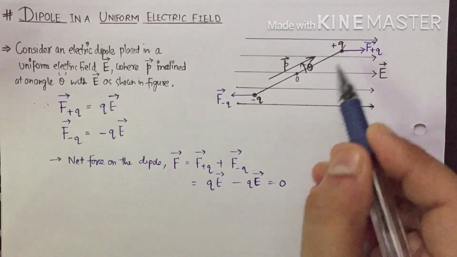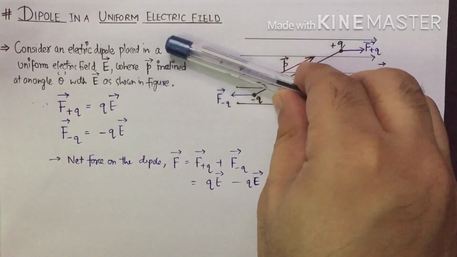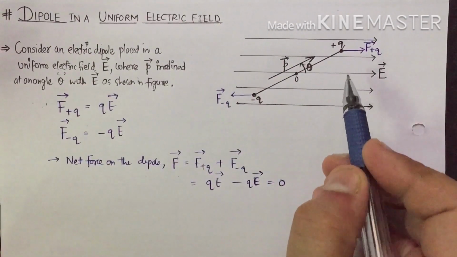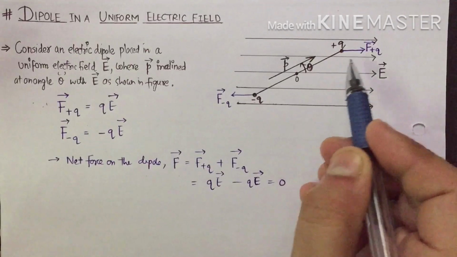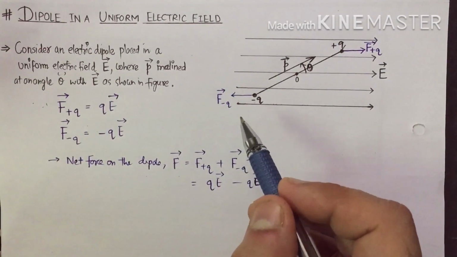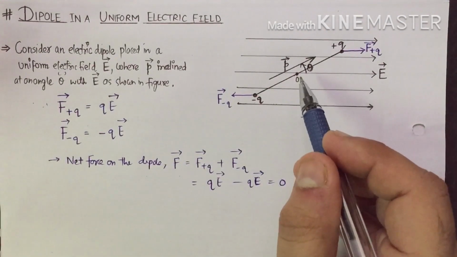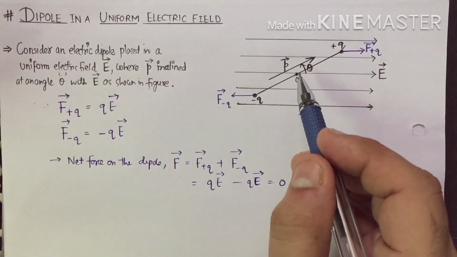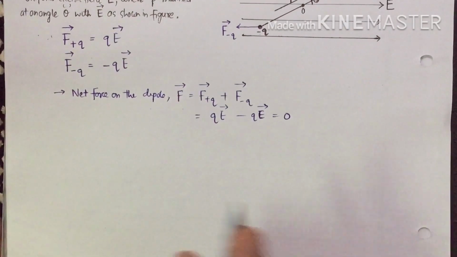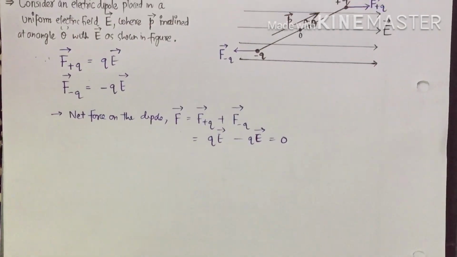So these forces have a tendency to rotate the dipole about this point O, and hence we can get a torque about this point O. So let's calculate the torque on the electric dipole about this point O. We'll divide it into parts.